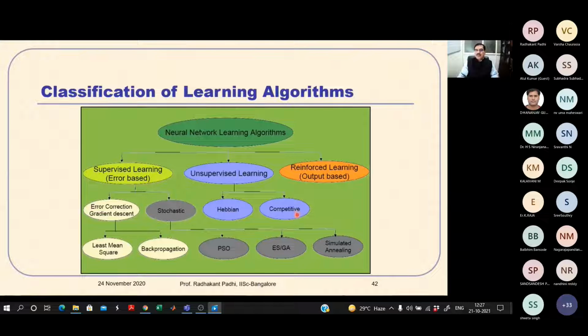Similarly, in unsupervised learning, we have Hebbian learning, competitive networks, and competitive resonance theory, things like that. And then reinforcement learning, which is essentially output based. So a lot of training rules are possible. And people like us, from a control theory point of view, can also come up with Lyapunov stability theory based learning techniques.